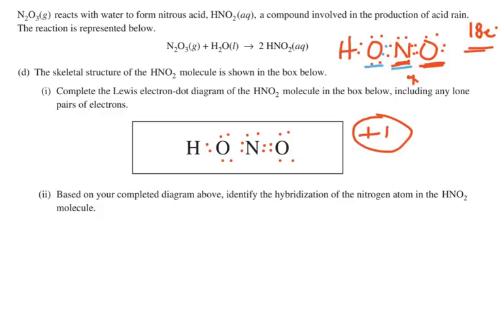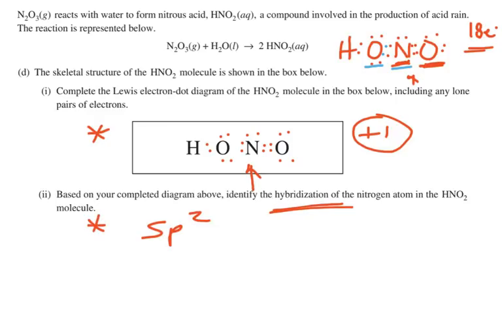Now, based on this diagram, identify the hybridization that's involved. So on this nitrogen, I have 2 bonded atoms. I have 1 lone pair, so we call that a steric number of 3, and so we know that this is going to be sp2 hybridization. Now, based on whatever picture you happen to have in this section, this answer has to be consistent.